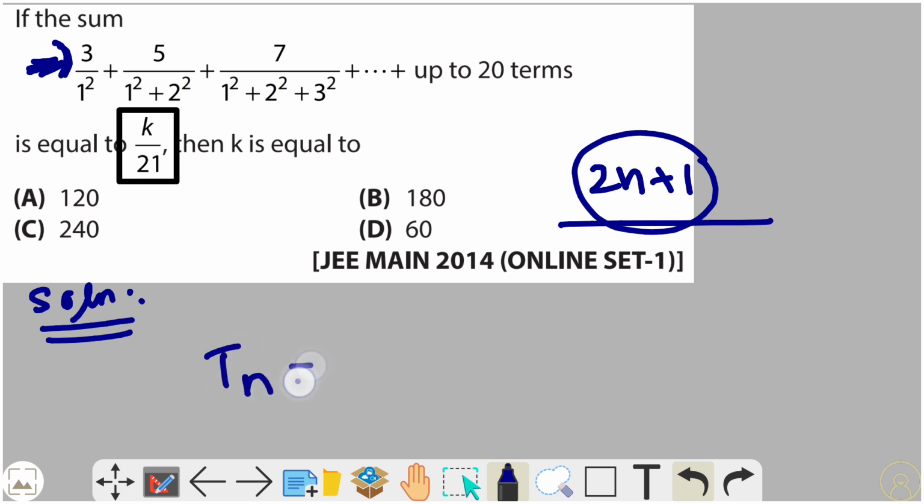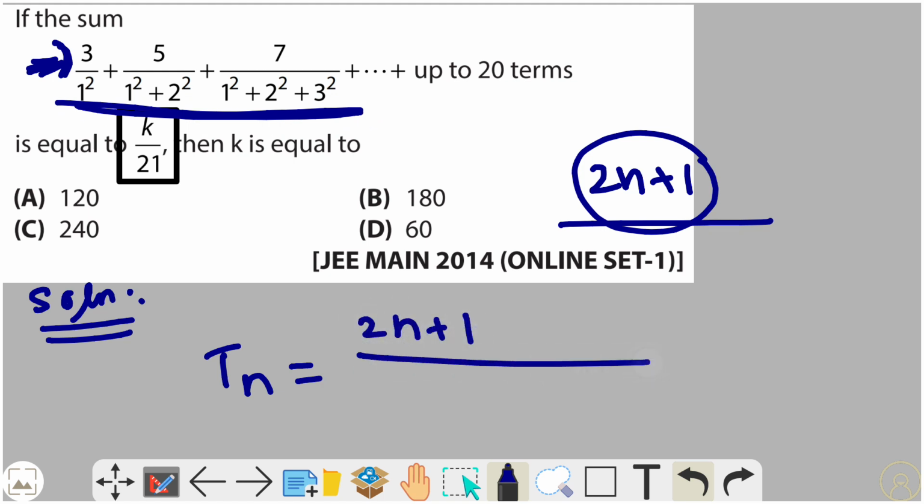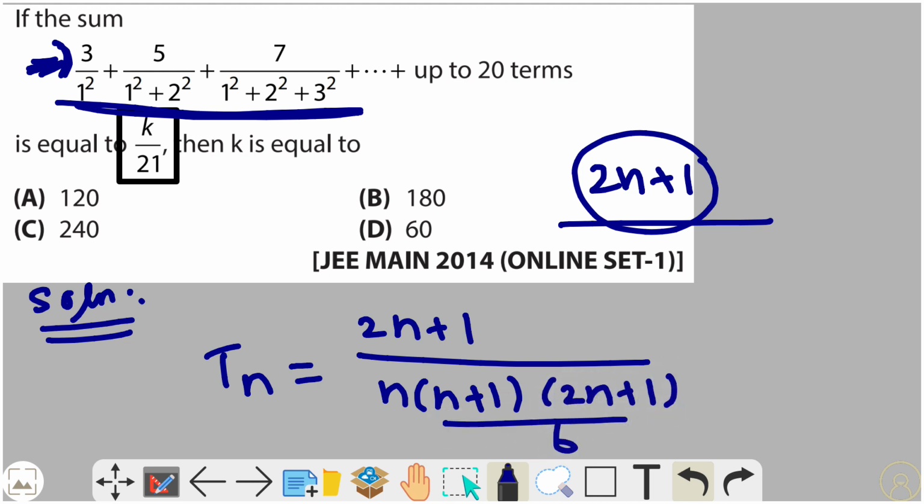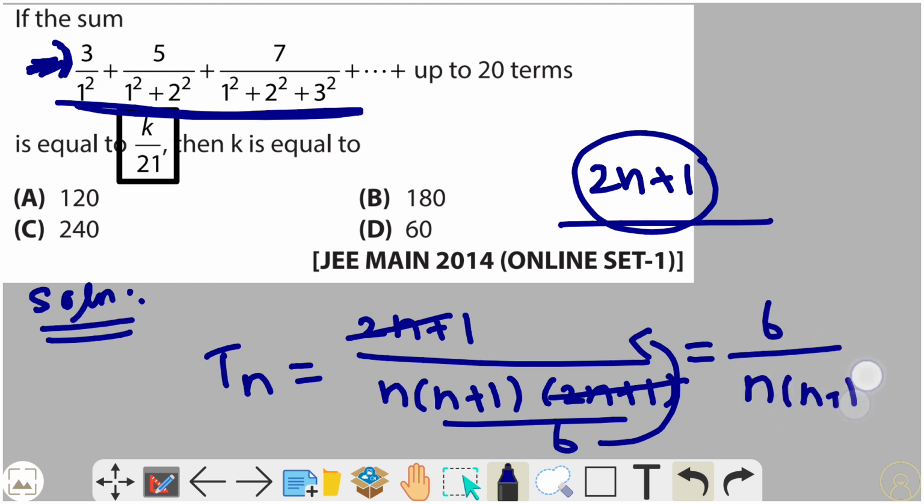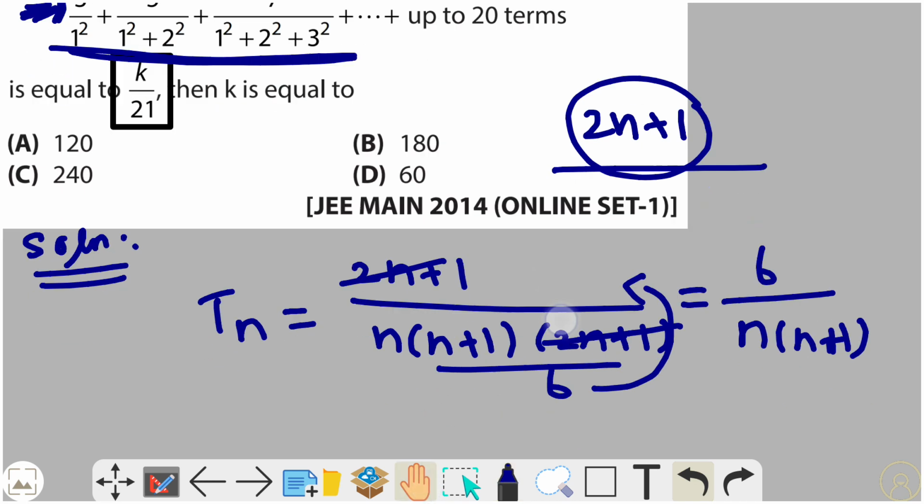So Tn, the general term of the given series, is 2n plus 1 divided by n into n plus 1, into 2n plus 1, divided by 6. So 2n plus 1 and 2n plus 1 will cancel each other. The 6 goes to the numerator, so it becomes 6 divided by n into n plus 1.